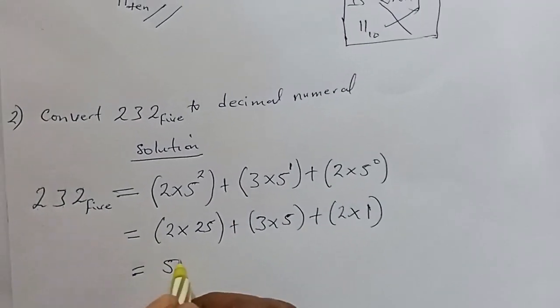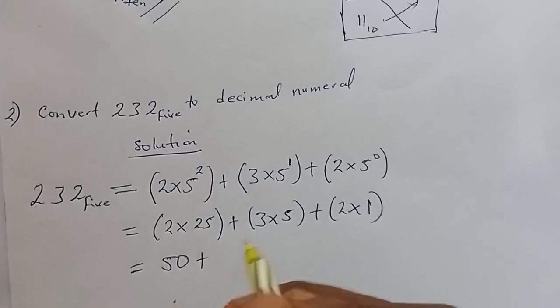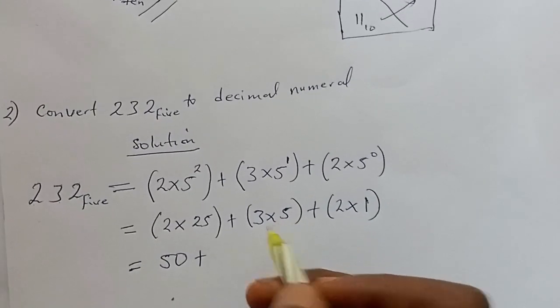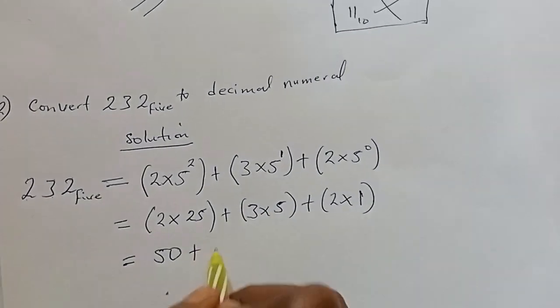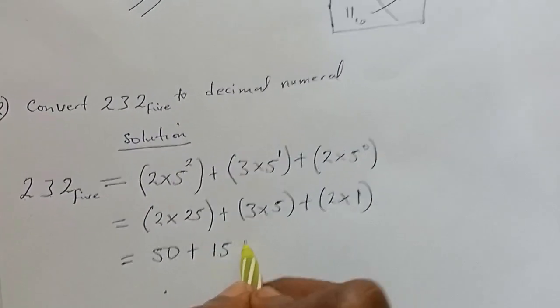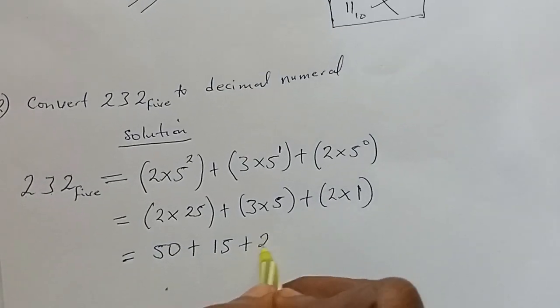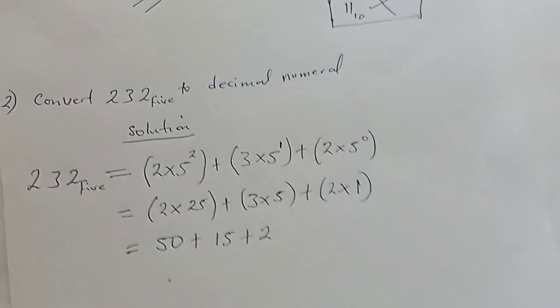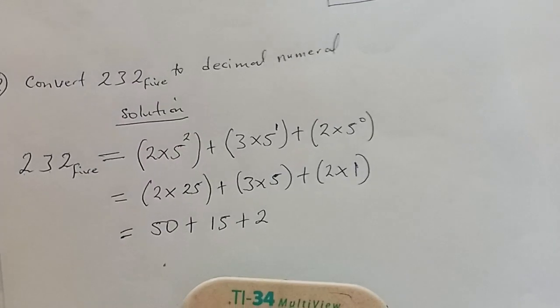50, right? 50 plus, then we'll say 3 times 5 will just be 15, right? Plus 2 times 1, which is 2. Now, if you use your calculator, you should get 67.